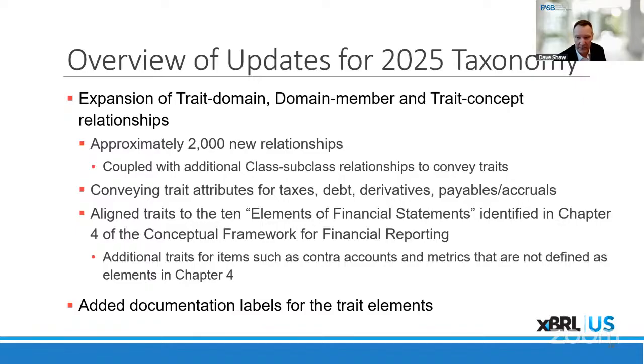Metrics are really just mathematical summations. They're not really concepts, but this seemed like a good opportunity to identify those metrics, so users of the taxonomy can quickly identify all of them, which would be helpful.